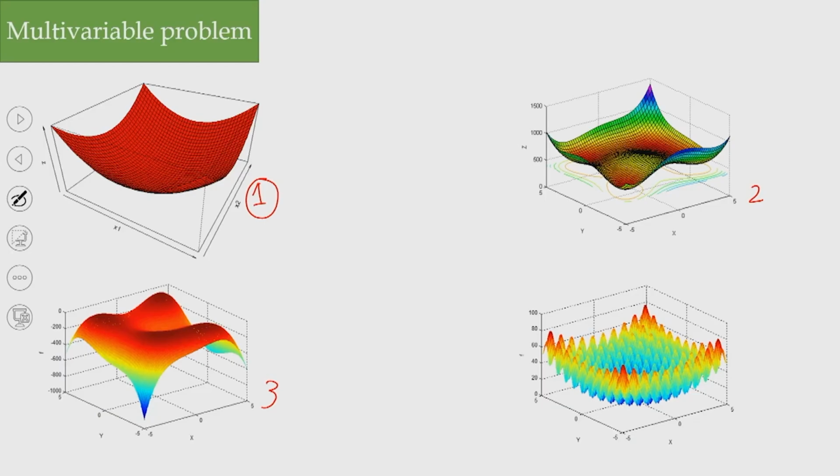Certainly, if you apply it on the fourth function, it will be quite difficult to solve using this algorithm. So let us assume that our function is of the first kind, the convex function, with only one optimal solution, and let us discuss the algorithms.